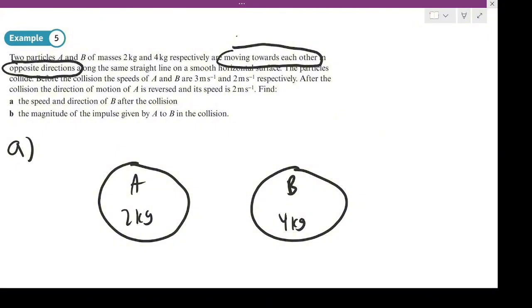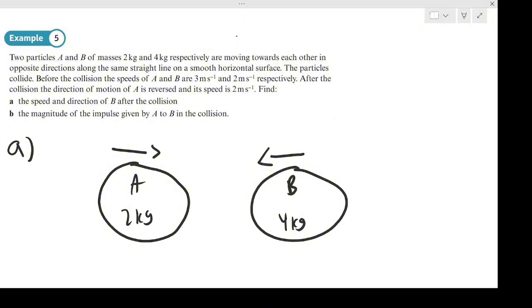So A is going to move forward like that, and B is then going to move backwards towards A. So hopefully happy with that. They're towards each other in opposite directions, because one's forwards, one backwards. The speeds, well, before, A has speed 3 and B has speed 2. So 3 and 2 then. Hopefully happy with that so far.